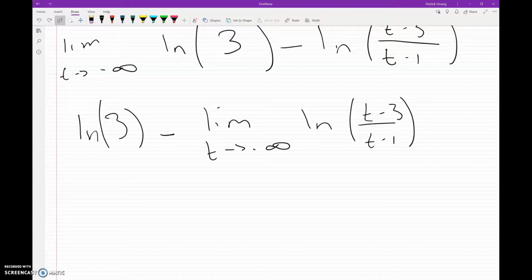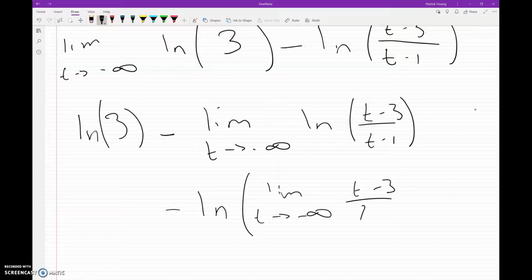Now, this is true for continuous functions, where you can slide the limit inside the argument of the natural log. So this would be minus natural log of the limit as t approaches negative infinity of t minus 3 over t minus 1. This is true with composition of functions, so long as they are nice and continuous.